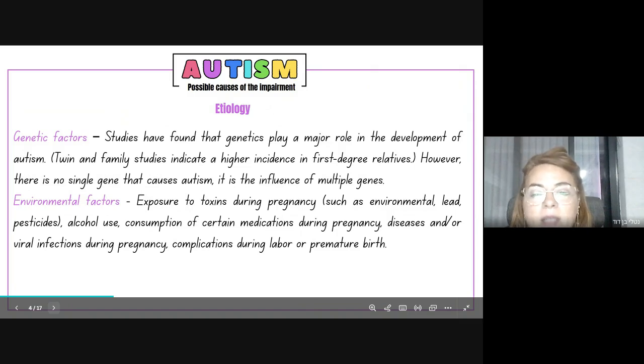It is the influence of multiple genes. Environmental factors: exposure to toxins during pregnancy, alcohol use, consumption of certain medicines during pregnancy, disease and or viral infections during pregnancy, complications during labor, or premature birth.